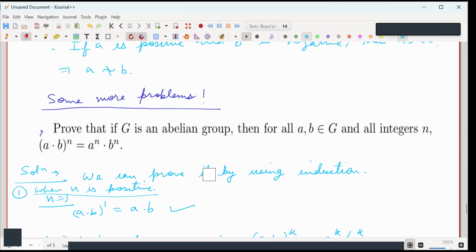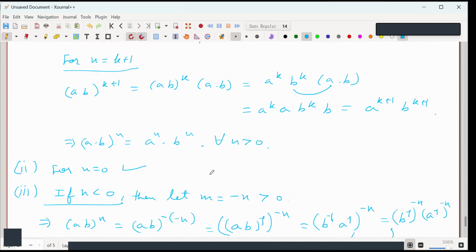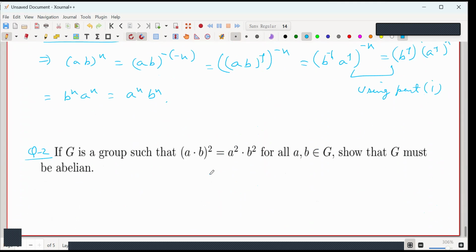Yes, sir. So this is the converse of this statement, but a very weak converse, or in other way, very strong in the converse direction. So if abelian, we know that (AB)^n is A^n B^n for all A, B and for all integer n. But what it is saying is that in the converse direction, if the relation is true for just n equal to 2, then G must be abelian.